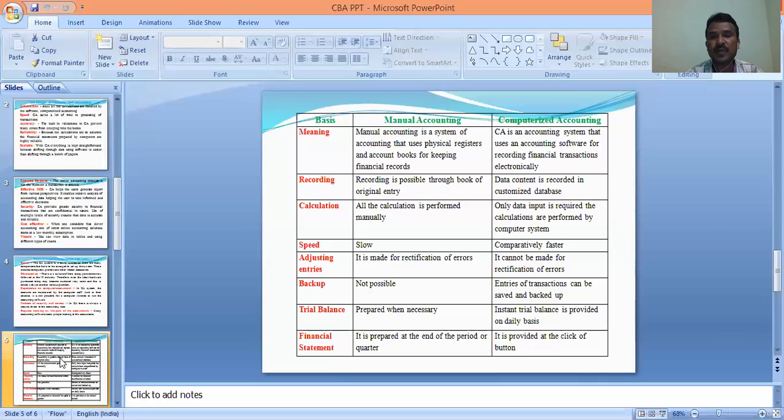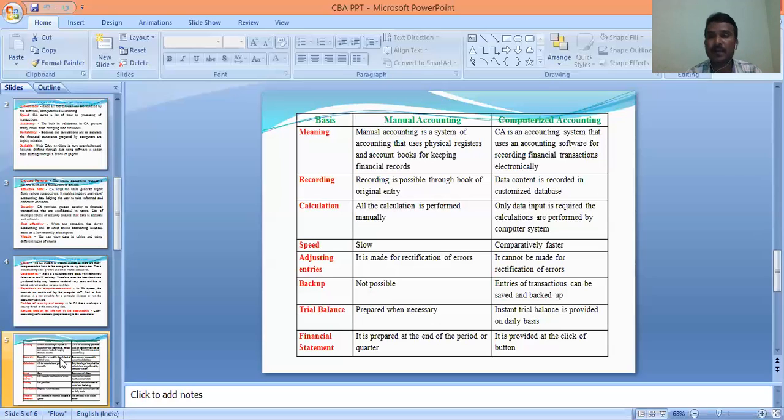But in computerized accounting, adjustment for errors is not made that way, because whatever errors or mistakes happen, or whatever dues are recovered, we go to the previous same entry, modify it and adjust it. So there is no scope for adjustment entries in computerized accounting. That is the clear difference between manual accounting and computerized accounting.